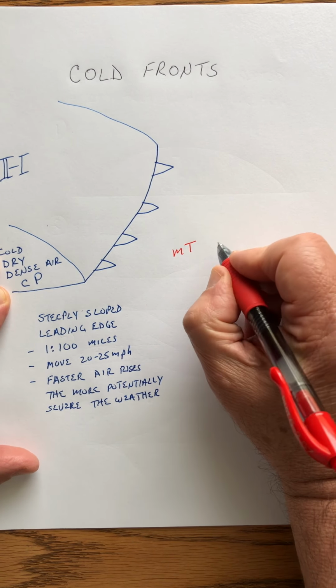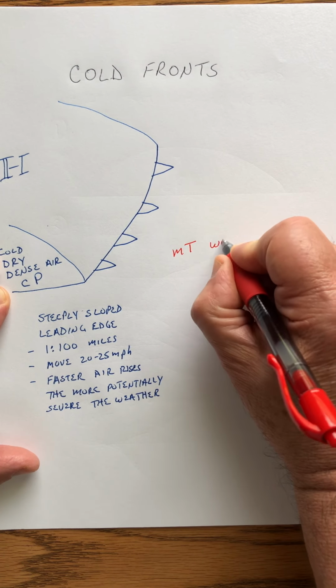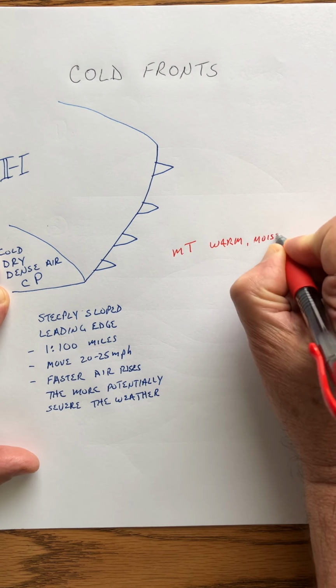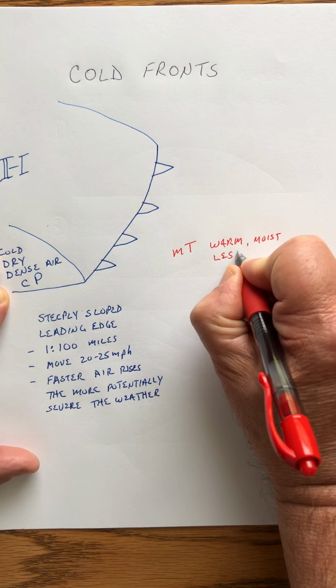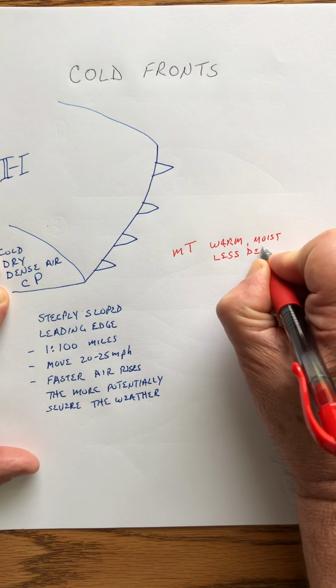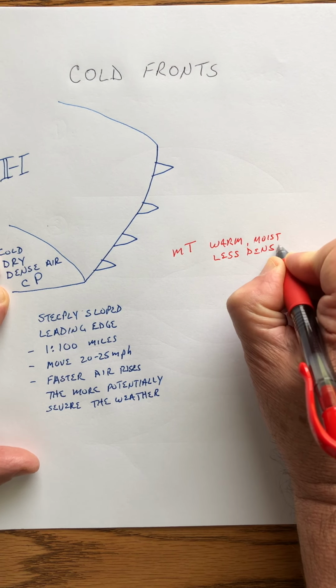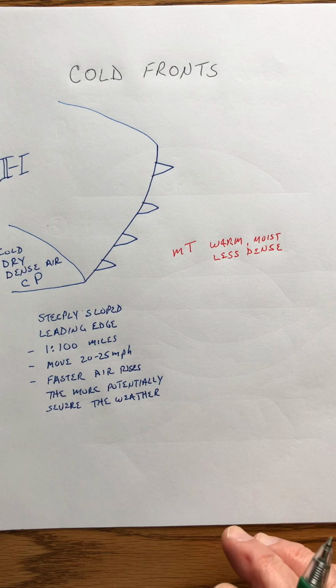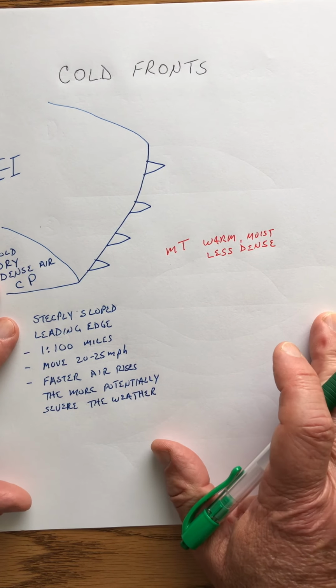And we know that maritime tropical air is relatively warm and moist, and therefore less dense. And so as a result, the more dense air is going to force that less dense air to rise.